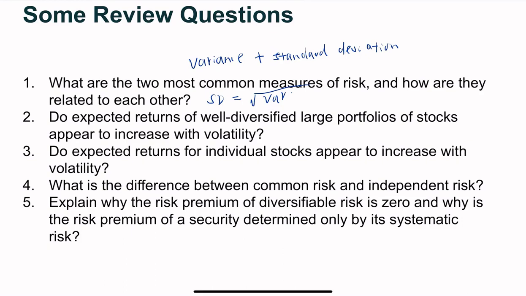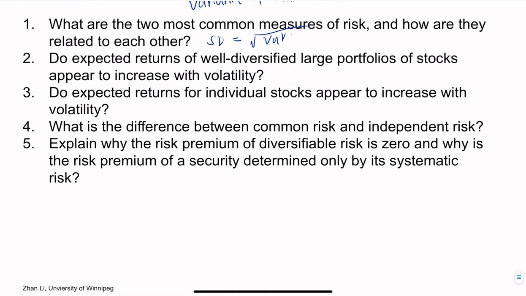That's why there is this positive relationship between expected return and volatility for large portfolios. However, for an individual stock, volatility measures both systematic risk and firm-specific risk. So there shouldn't be a positive relationship between expected return and volatility for an individual stock.